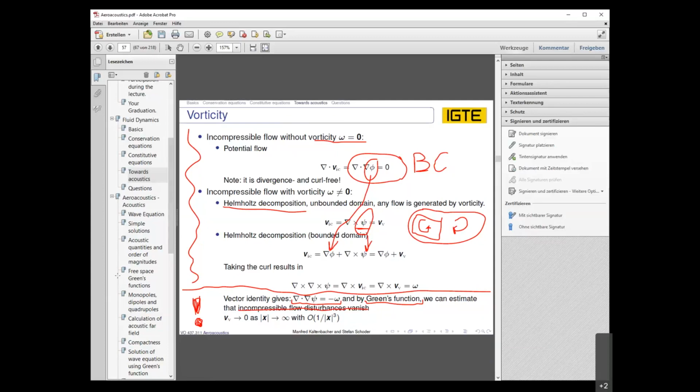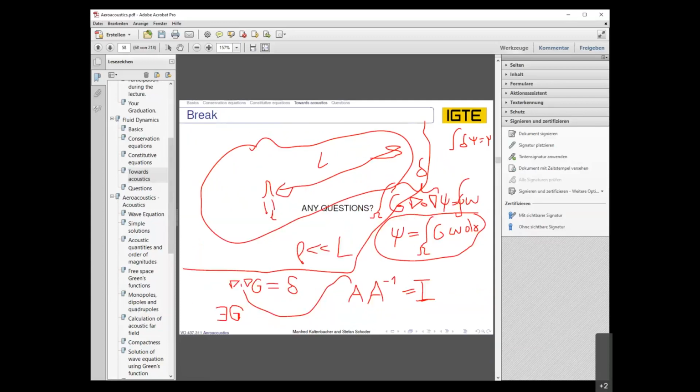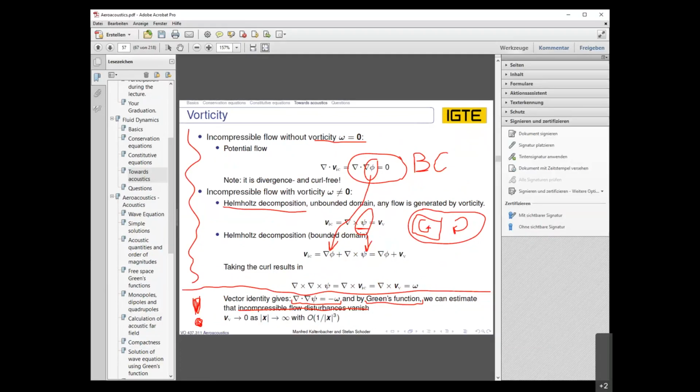This means, as we go away from this disturbance and look at it, we see that the disturbance decreases with 1 divided by the power of 3. So it's a rapid decrease of what we see from the flow disturbance.